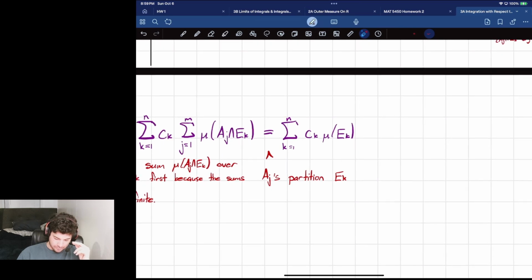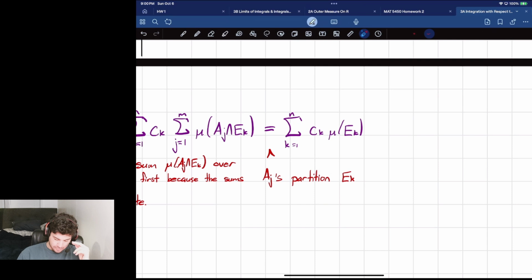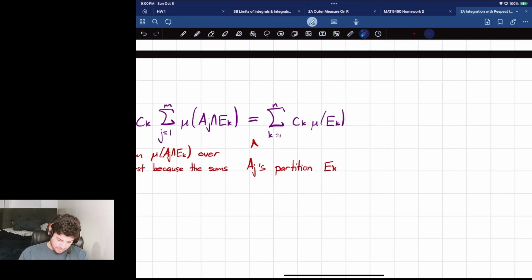So what I'm trying to get here is that the union over j equals 1 of Aj intersect Ek should equal Ek.